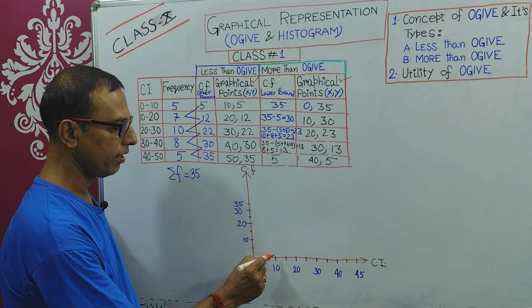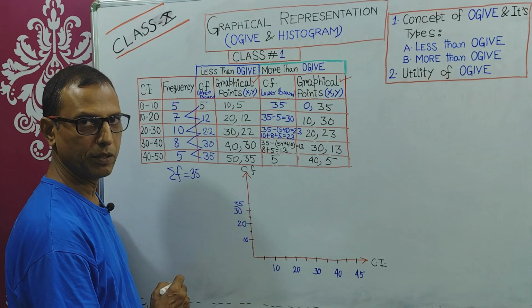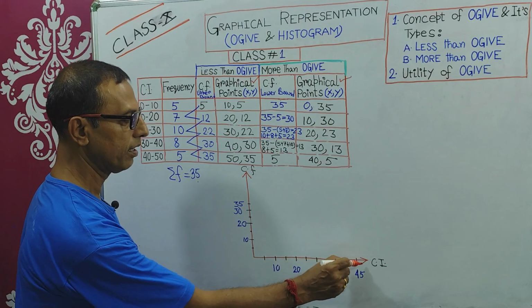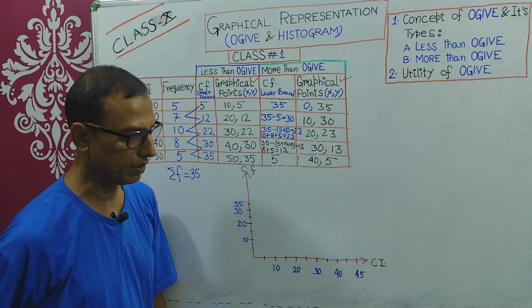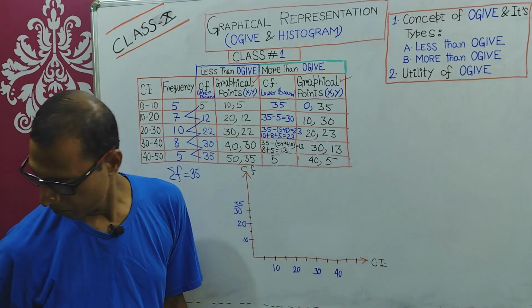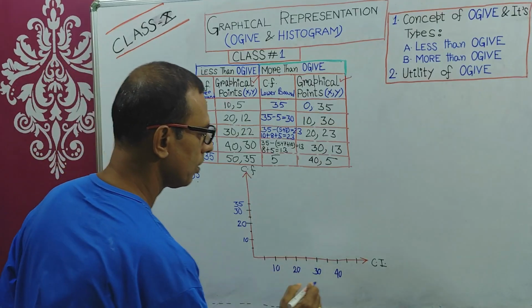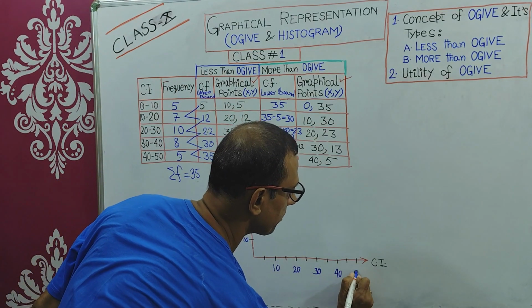Each of the small divisions is 5 units, right? 5, 10, 15, 20, 25, 30 and up to 50. So it is 40, 45 and then 50. Last one is 50.